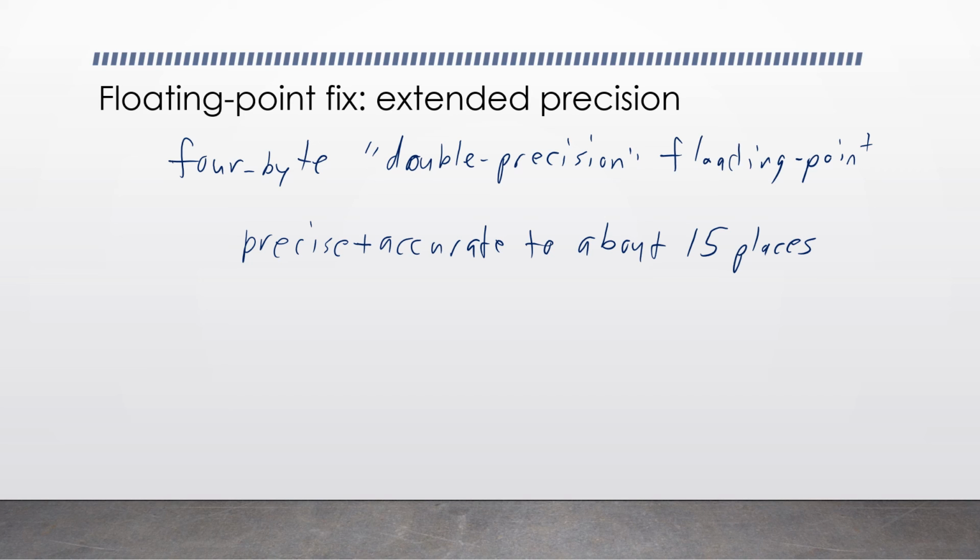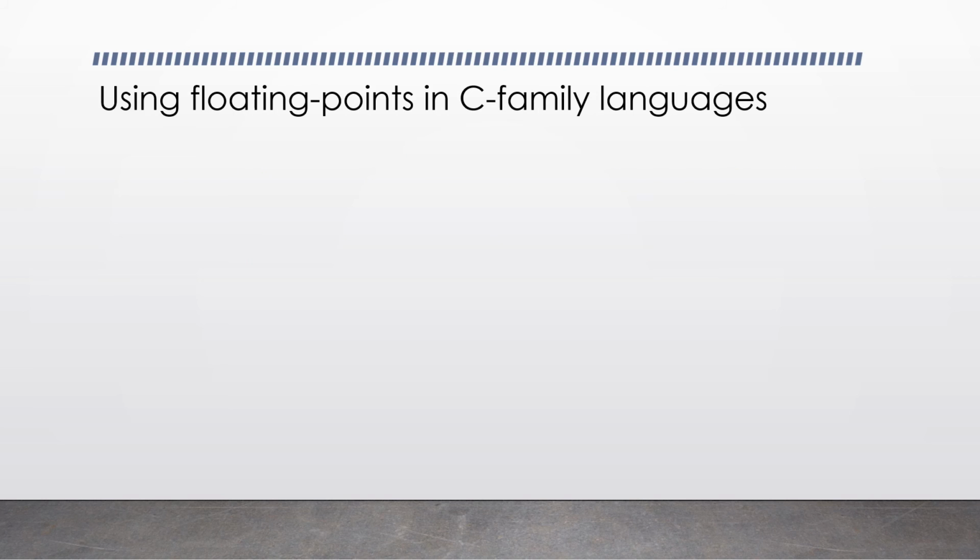And for this reason, I'm going to teach you in my computer science classes never to use float, never to use single precision floating points, always to use double precision. Okay, but I will show you real quick how to declare a float, just in case you desperately want to save the memory or something.